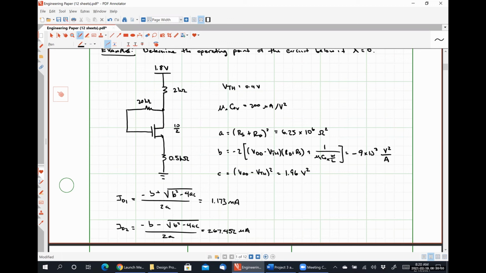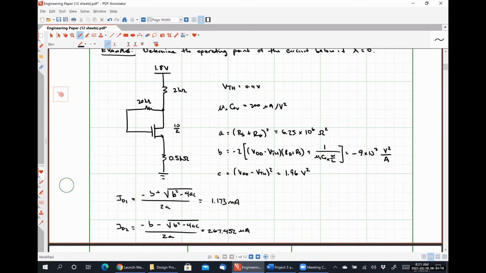And now we have a little bit of a situation. Both of these currents, based on our knowledge of transistor currents, seem reasonable in as much as they're both relatively small, right? Everything we've seen to this point suggests that our transistor currents will be somewhere on the order of a milliamp or smaller, which both of these are.